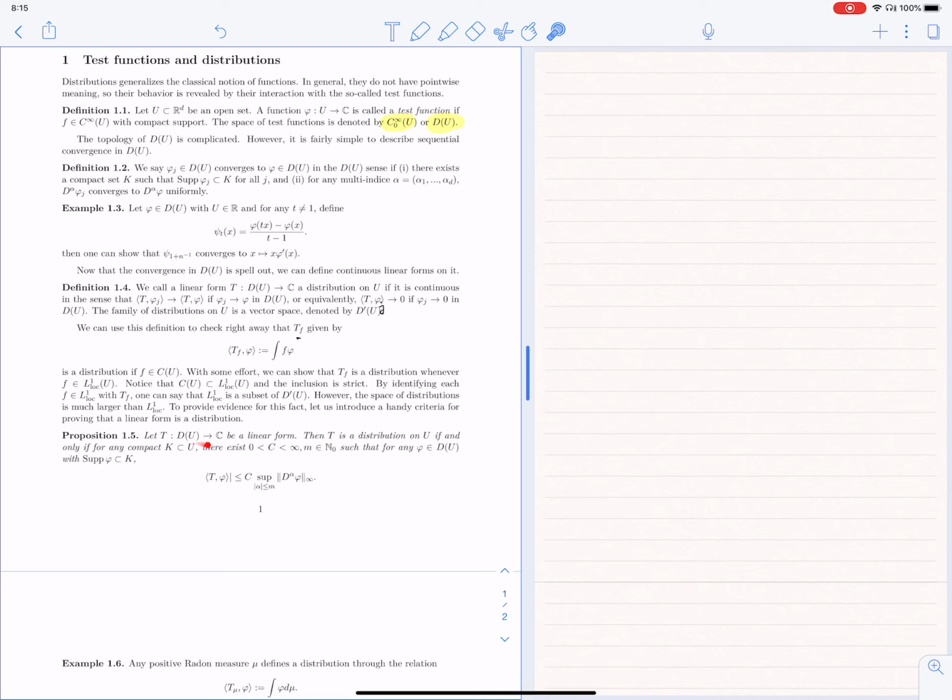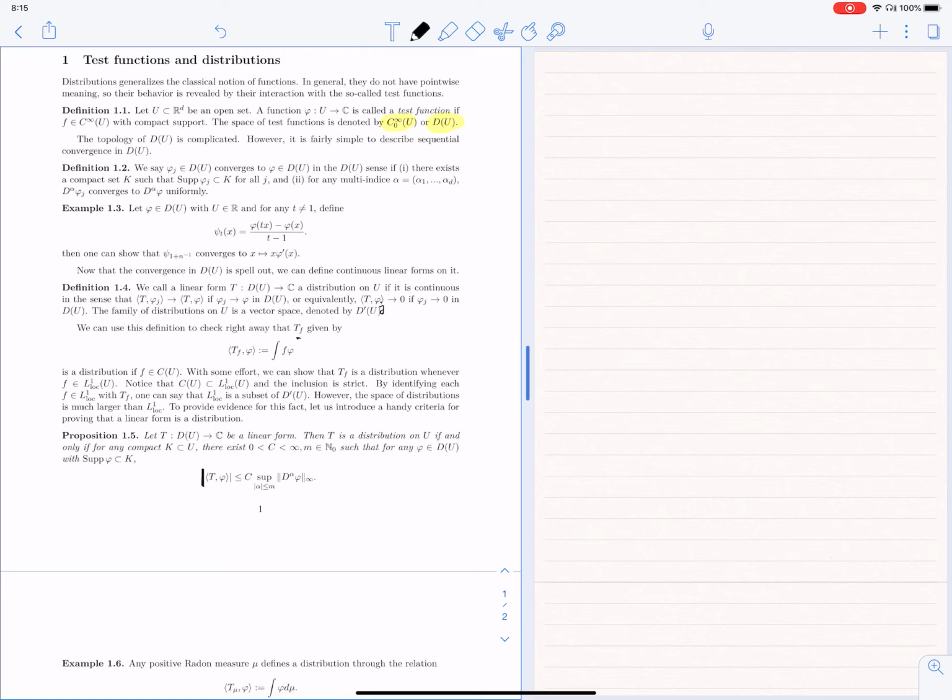So T is a linear form, and it will be a distribution if and only if for any compact set K in U, there exists a constant M, which might depend on K, such that for any phi with support in K, the absolute value of T applied to phi is bounded by this upper bound. There's another typo here.